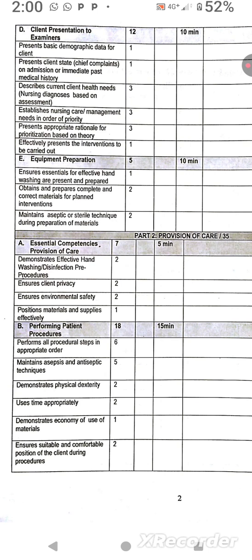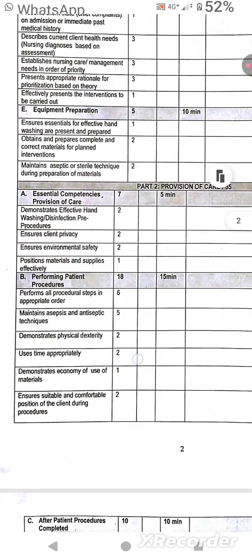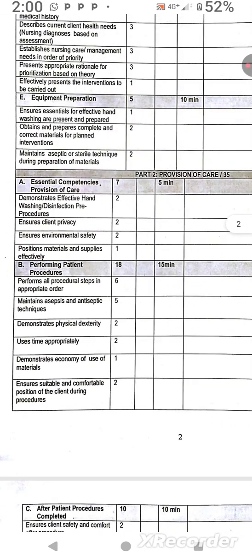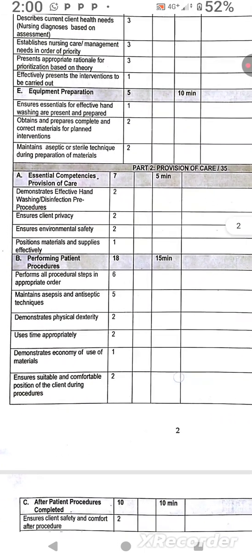Then describe the current client health need and nursing diagnosis based on assessment, which is out of 3 marks. Then establish nursing care management in order of priority.